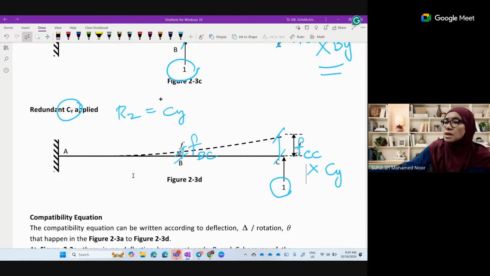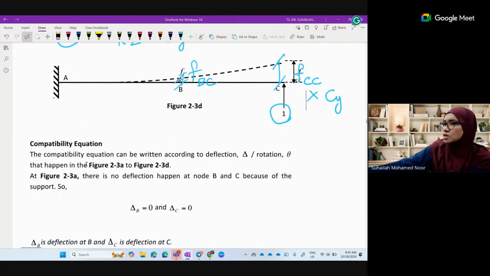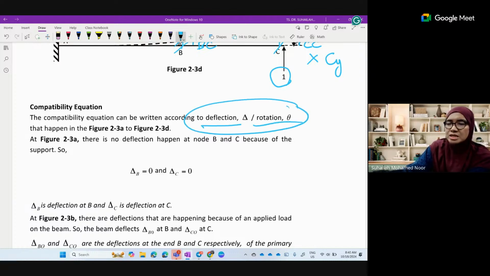Okay, so next after this is compatibility equation. And compatibility equation is based on displacement, so all these are displacement. Rotation is rotational displacement, deflection is vertical displacement, ada juga horizontal displacement kalau untuk frame.